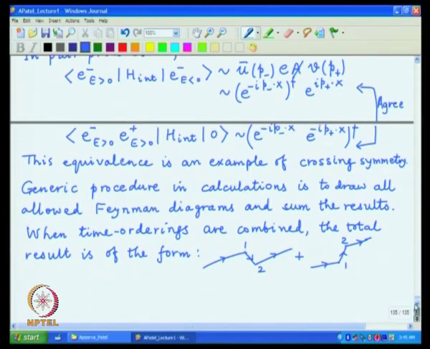In this particular case, these two different orderings combine.